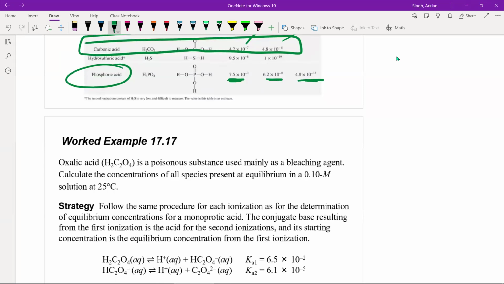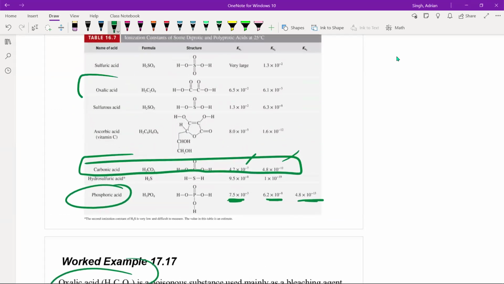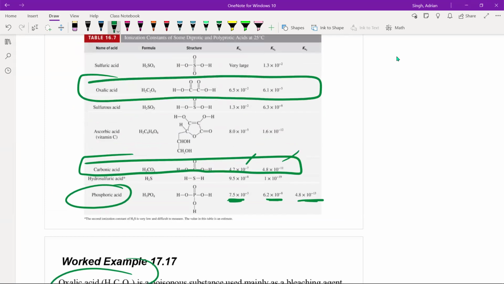So when we have situations of di and polyprotic acids, we can apply the same equilibrium systems. We're going to do so in a stepwise process. So we're told here that oxalic acid, I think, yeah, so it's written up here. Based on this, we know that it's diprotic because there are 2 Ka values.